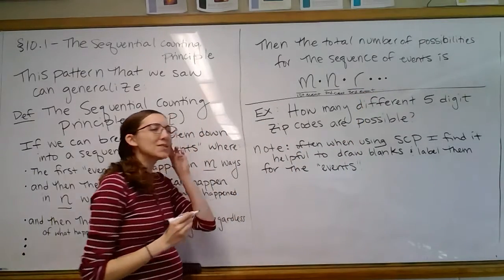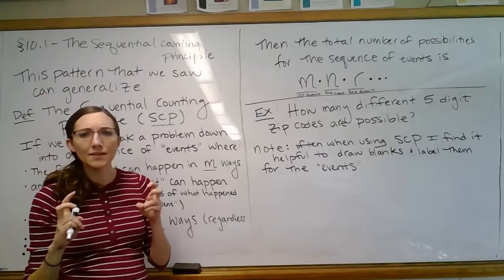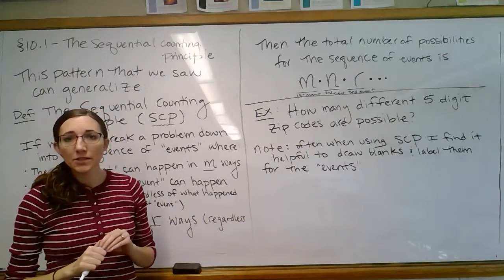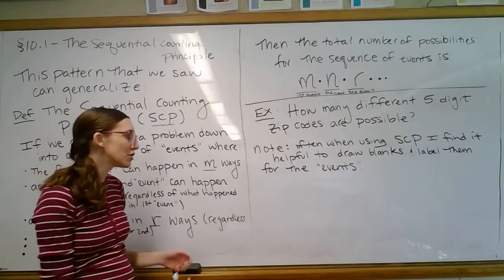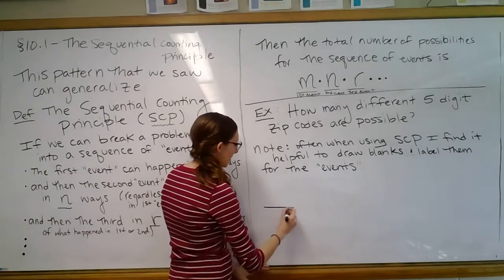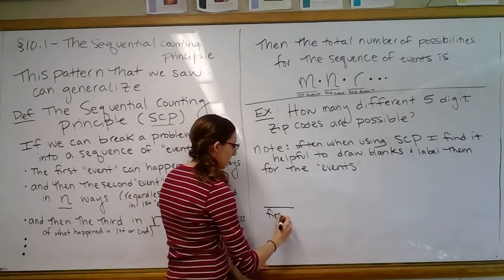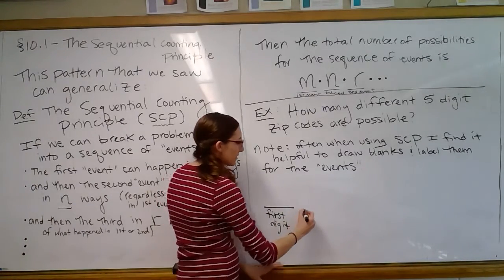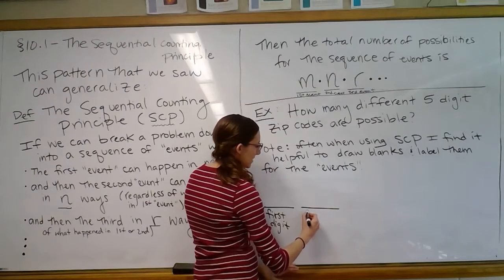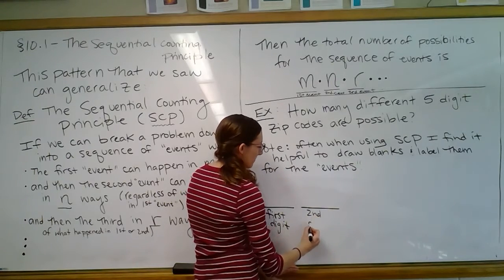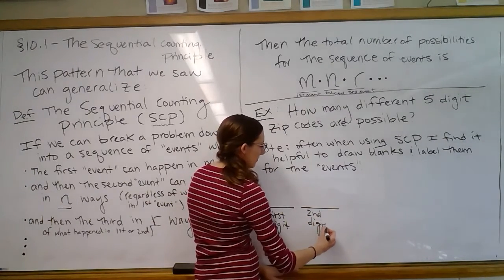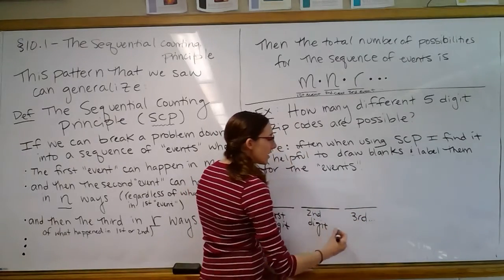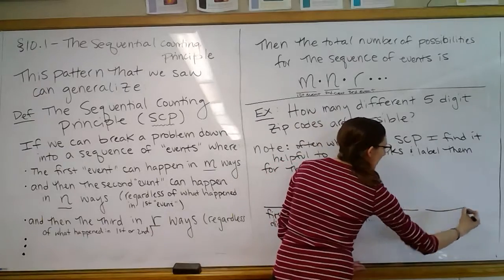So let's think about in this problem, what are my events? Well, really, it would just be the different digits, right? I'd need to first pick a first digit. And once I've picked a first digit, I have to pick a second digit. And then I need a third digit, a fourth, and a fifth.